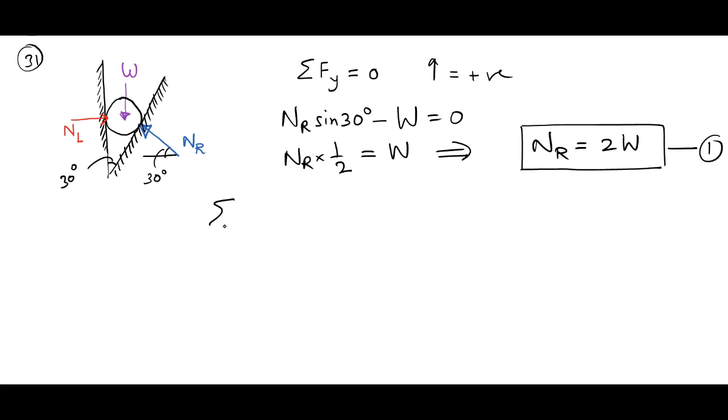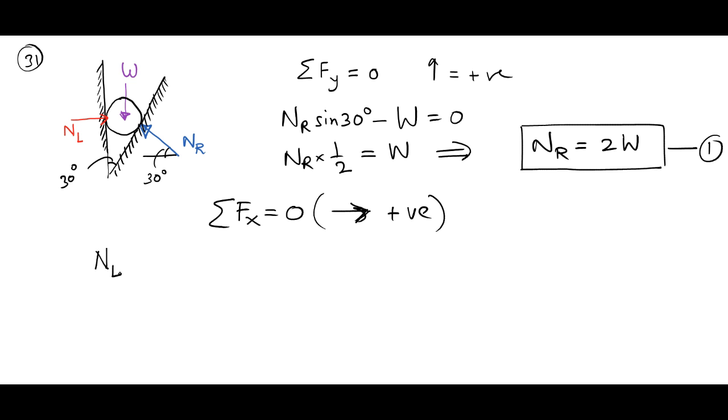Now sigma Fx is equal to 0 is my second equation, and I'll take rightward as positive. It's not compulsory, but that's the convention, so I'll follow it. You can take leftward as positive too. Now let's see, plus NL because it is rightwards.